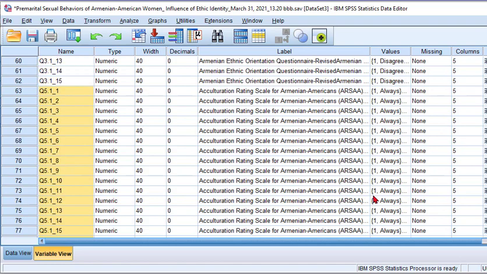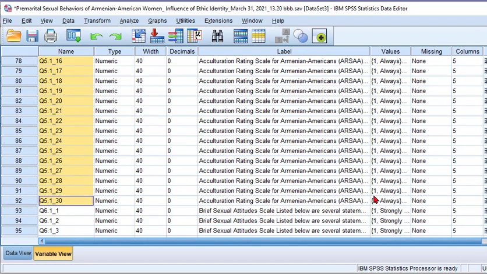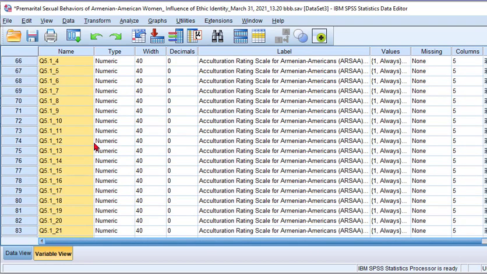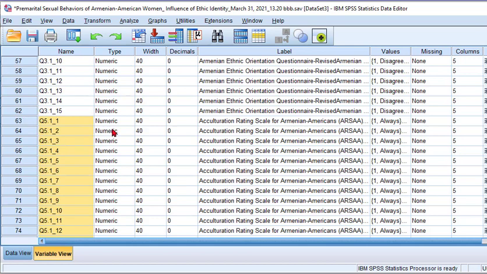Okay. So it's these guys. Now again, the higher the number, the more Americanized they are, it sounds like to me. Correct.